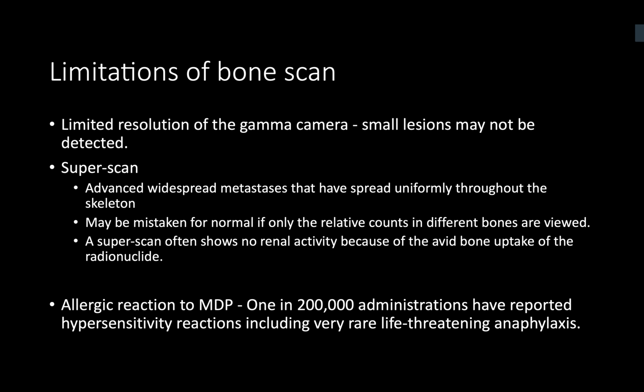Because of the level of widespread metastasis, which takes up all the radionuclide isotope, such that none gets excreted in the kidney. Well done. Exactly. It can be mistaken for normal because only the skeleton lights up in the bone scan.